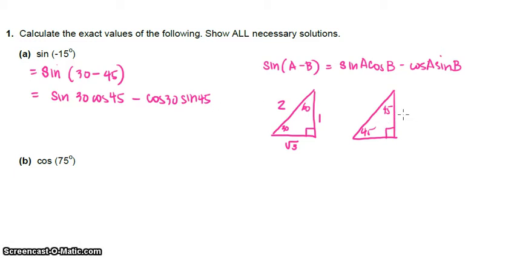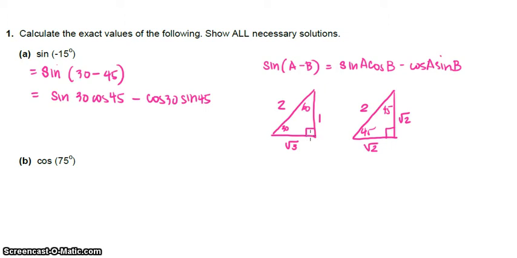So let's say I make this side square root of 2, and the other side must also be square root of 2. It is easy to find the hypotenuse by applying the Pythagorean Theorem, and you get the hypotenuse equal to 2. Again, I will not be showing you how. You can do that on your own.